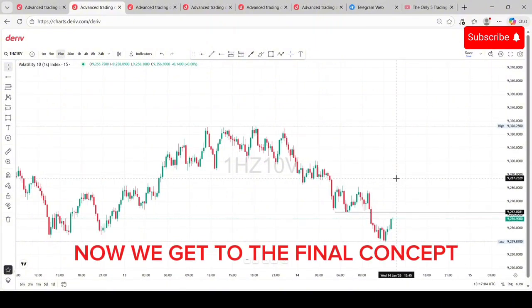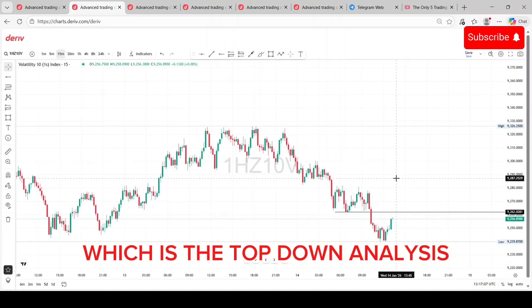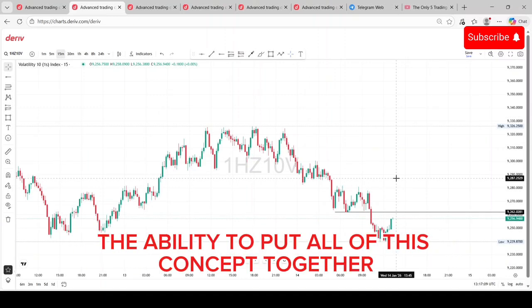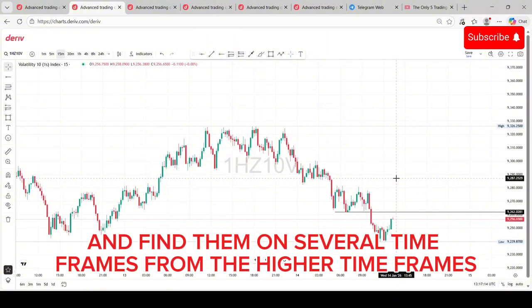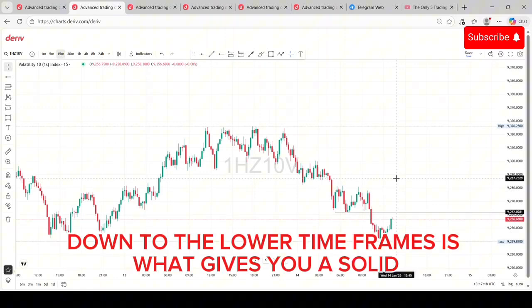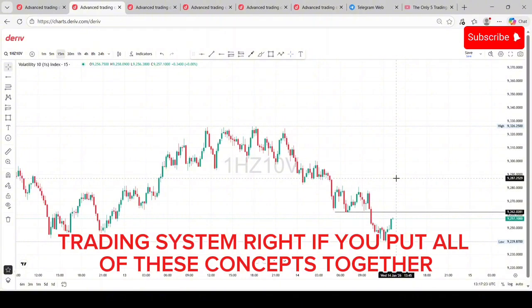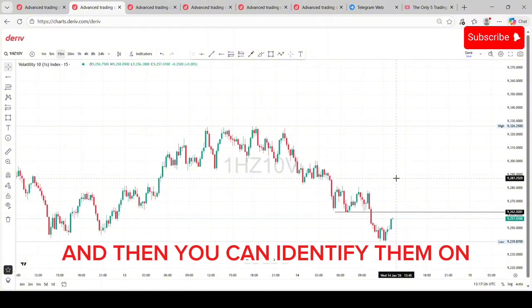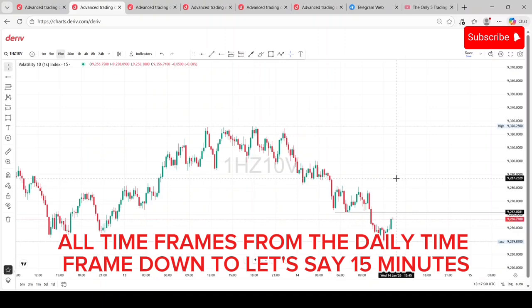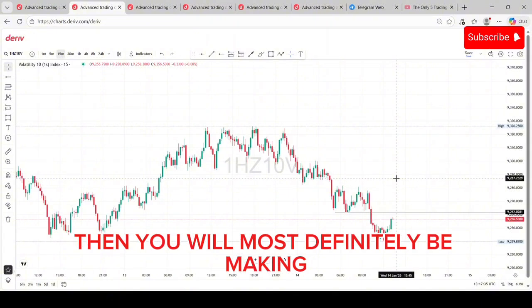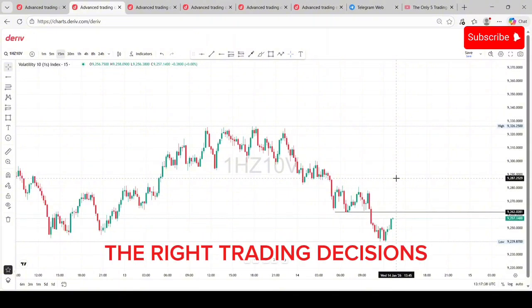Now we get to the final concept, which is the top-down analysis. The ability to put all of these concepts together and find them on several time frames, from the higher time frames down to the lower time frames, is what gives you a solid trading system. If you put all of these concepts together and you can identify them on all time frames, from the daily time frame down to, let's say, 15 minutes, then you will most definitely be making the right trading decisions from now.